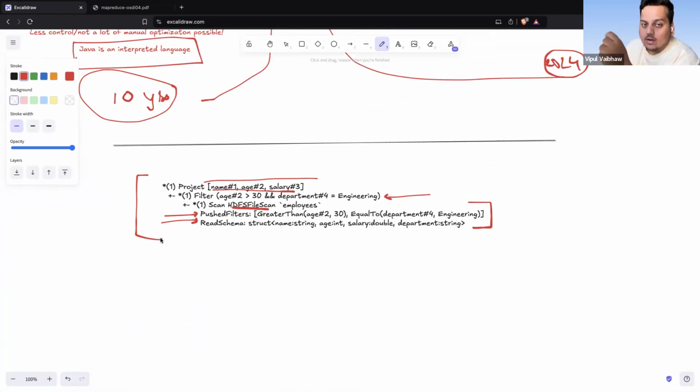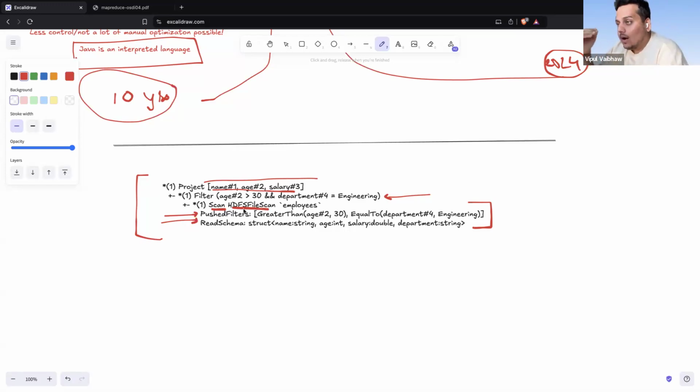This physical plan tells you exactly how the scan should happen. You have to go to HDFS, the file system we are using, and do a scan like this. This is how physical plans work.